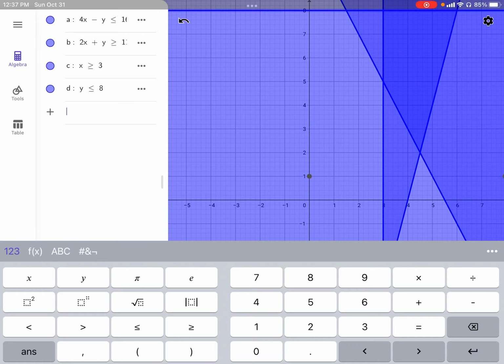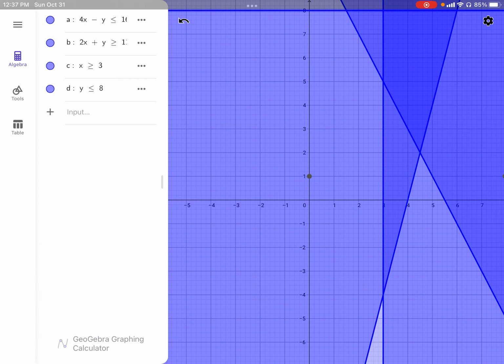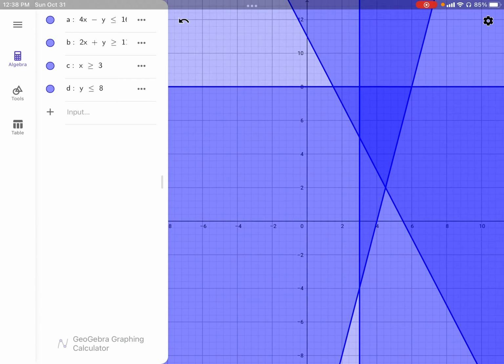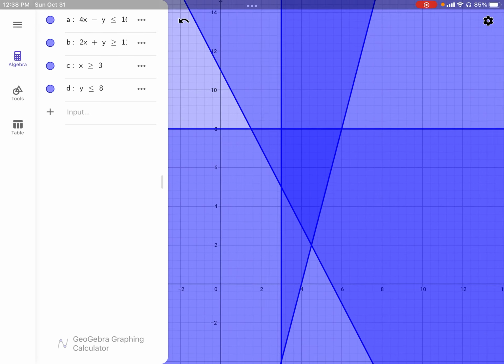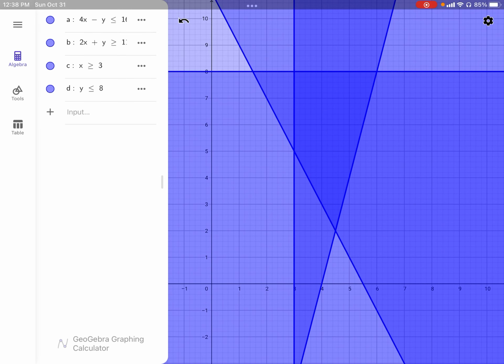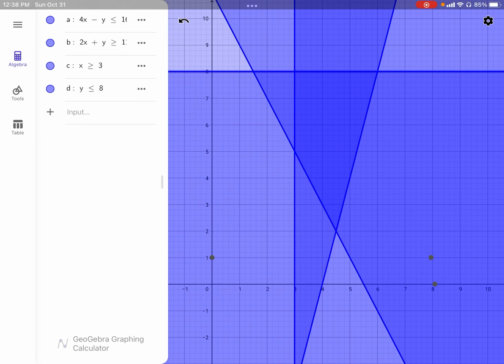Well, the view isn't the greatest, so let's just move this. All right, so the bounds. I don't know what all these little dots down here are. That's weird. I don't know how to delete it on the iPad.